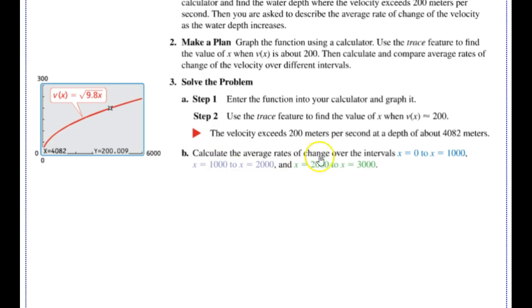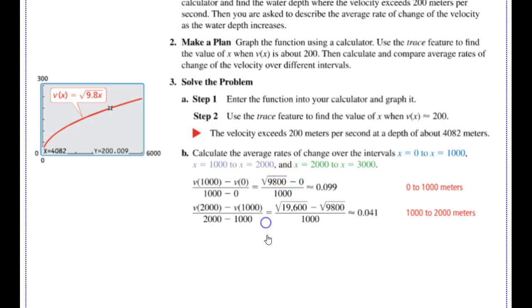So now I want to calculate the average rates of change over the intervals that I was given: between 0 and 1,000, and then from 1,000 to 2,000, and then from 2,000 to 3,000. So we're going to see what happens as my x value gets deeper. First I have to find my average rate of change from 0 to 1,000 by plugging 1,000 and 0 into my equation.